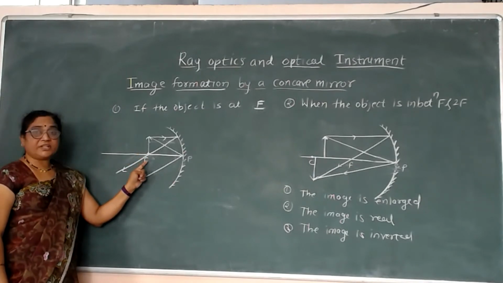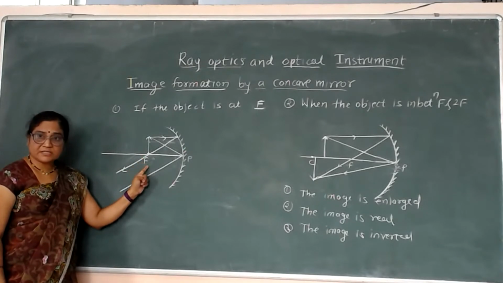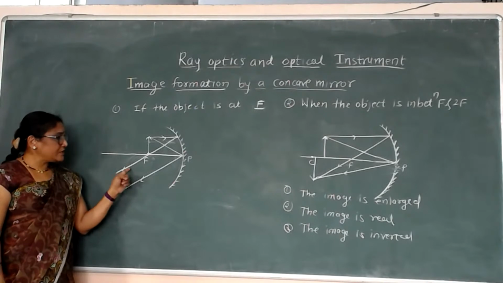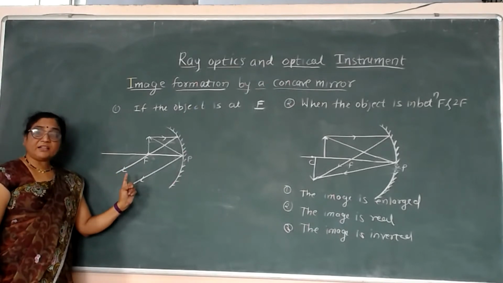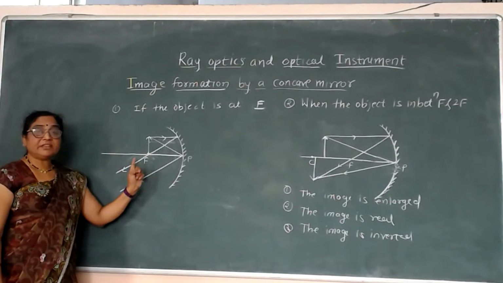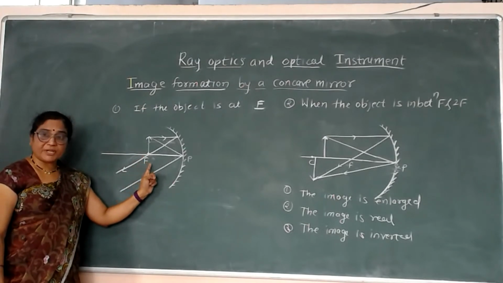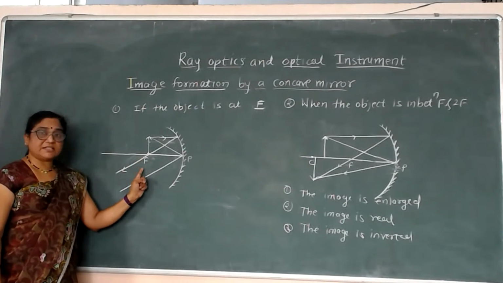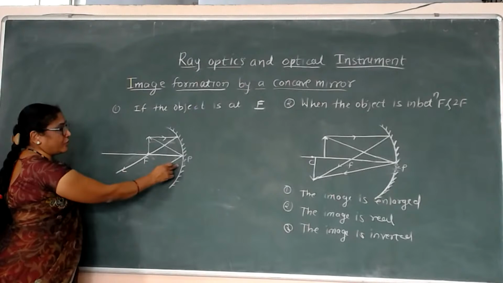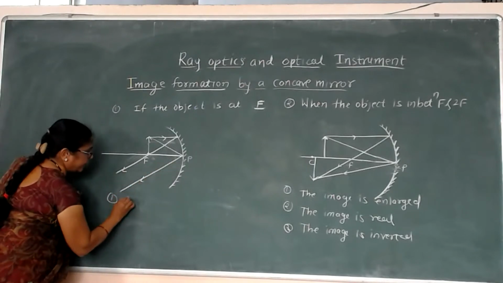Means when the object is situated on the principal focus, the image is at infinity distance because both the rays are parallel and these rays meet at an infinity distance. Therefore, when the object is situated at the principal focus, the image is found out at infinity distance.